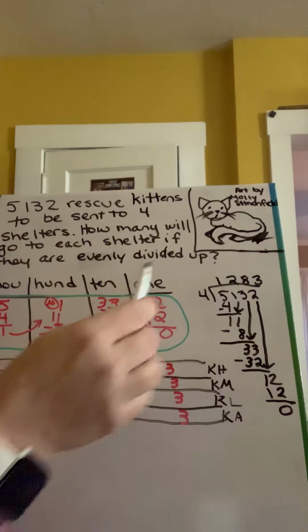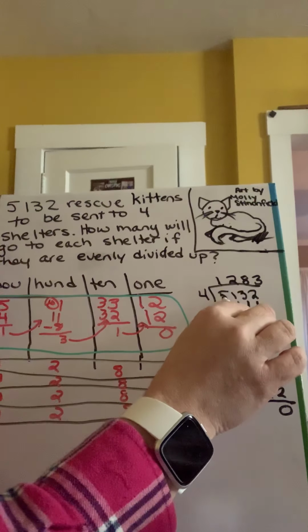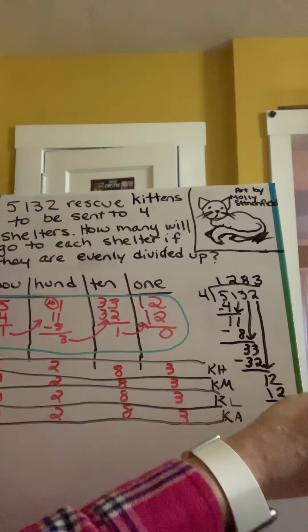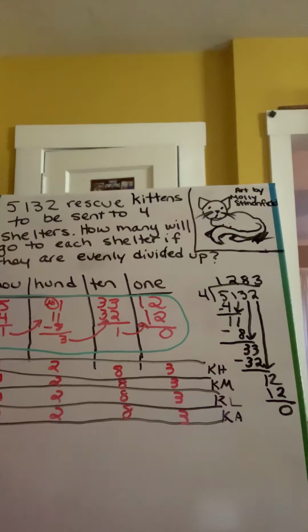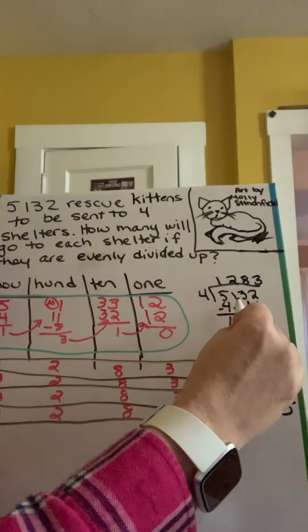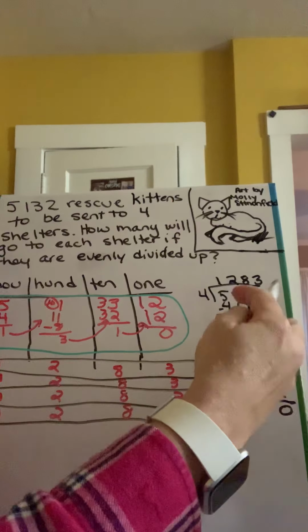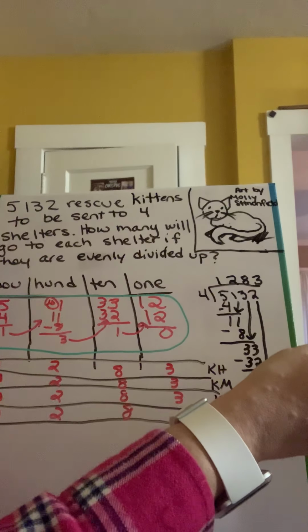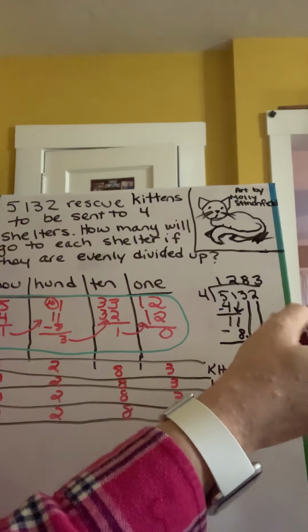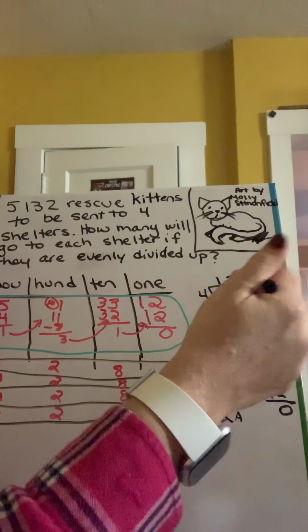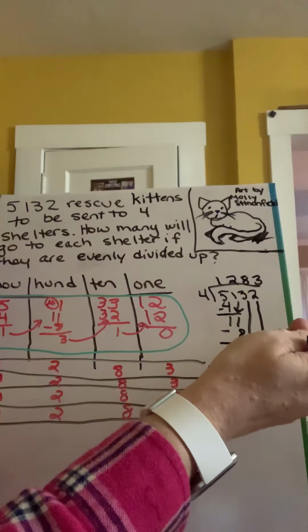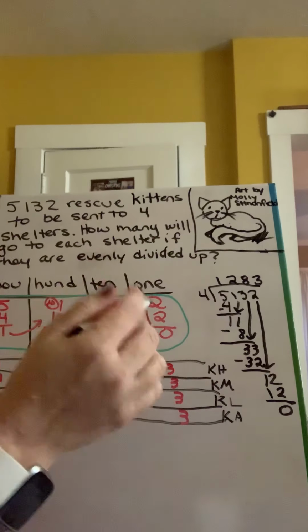It does sound right, because if you're dividing 5,000 something by 4, saying it's 1,000 something, well, that makes sense, because just by estimation, I could say 5,132 is close-ish to 5,000. So I know that 5,000 divided by 4 would be 1,000 something or other. So it makes sense. Good estimation, kind of in the back of your head.